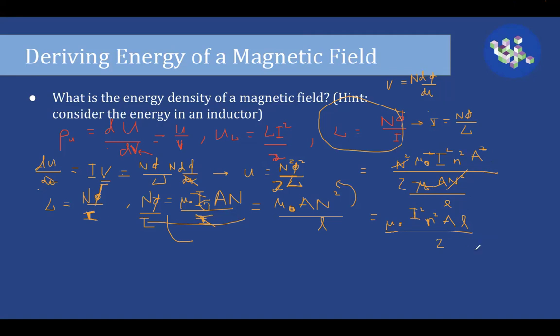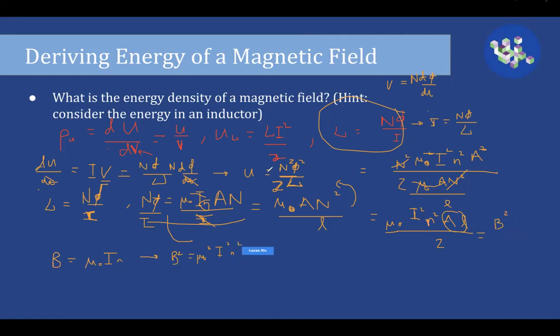And you also have B equals mu zero times I times small n if we're considering a cylindrical solenoid. So if we know that, then A times L is equal to the volume. If I do B squared, B squared would be mu zero squared I squared times small n squared.